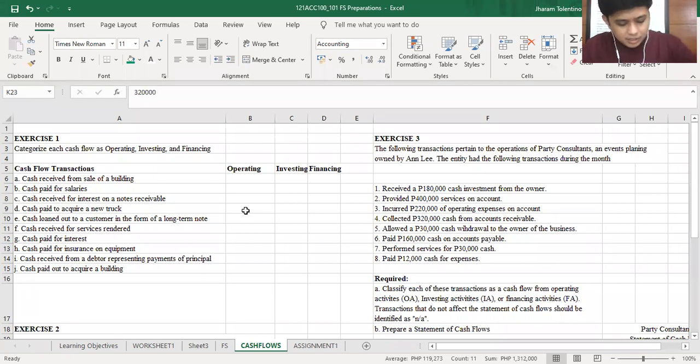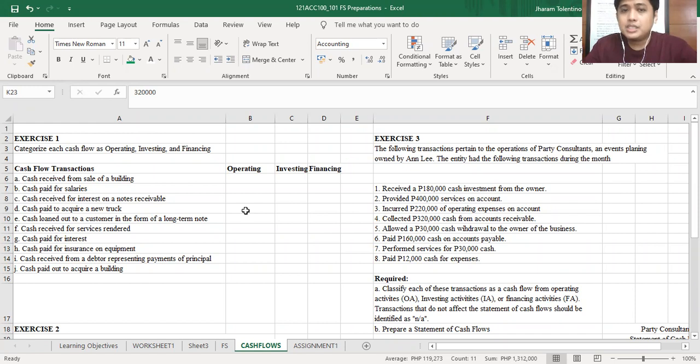Okay, so this is statement, yung pang-apat na matututunan nyo for today, shows the net increase or decrease in cash during the period and the cash balance at the end of the period. It also helps to project the future net cash flows of the entity. Okay, so the discussions below gives an overview of the important concepts involved the preparation of statement of cash flow.